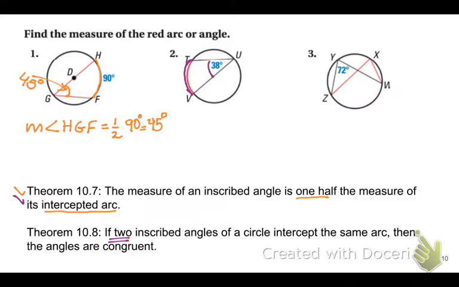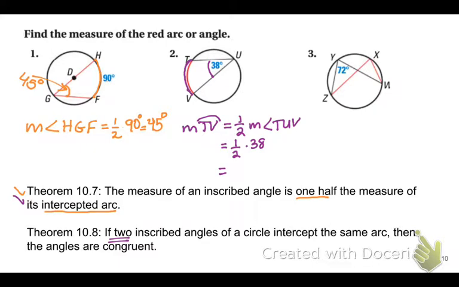So the measure of our arc TV is going to be equal to 1/2 the measure of angle TUV, which is 1/2 times 38, is equal to 16, right?